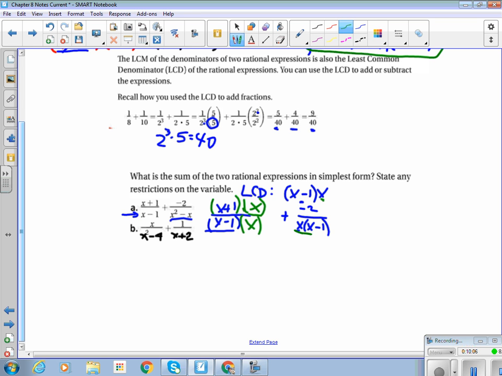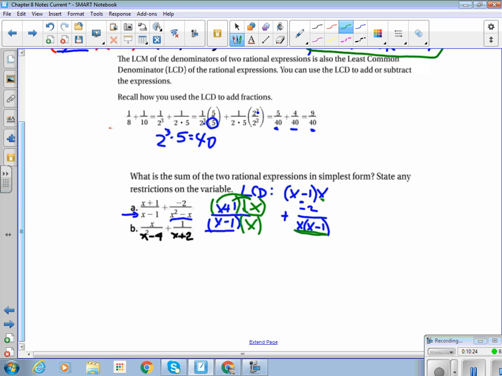This one already has the x times x minus 1. We're done. We don't have to multiply by anything to get the right denominator. Okay, so now I need this x to be multiplied through.